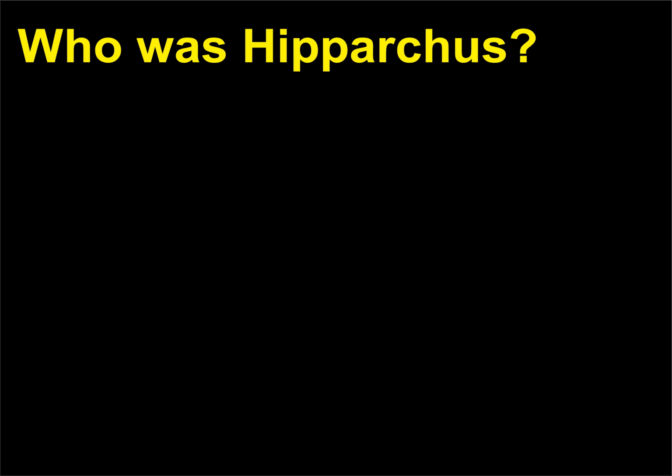A partial list of his discoveries includes being the first to discover the precession of the equinoxes, compiling an extensive star catalogue, assigning magnitudes as a measure of stellar brightness, and calculating the length of the year to within 6.5 minutes of the correct value.